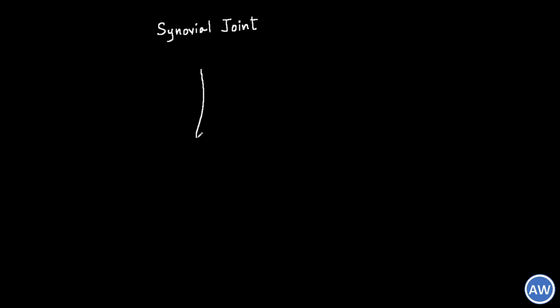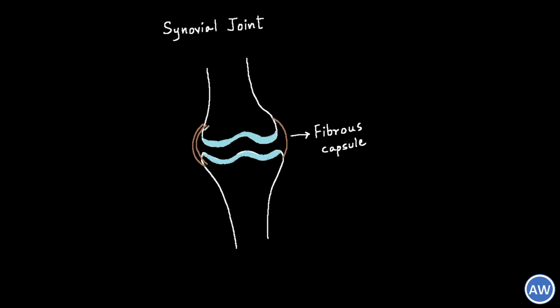Coming to the synovial joints, the synovial articulations are different from both the fibrous and the cartilaginous joints. Although in a synovial joint, the bones involved are linked by a fibrous capsule, the articulating bony surfaces are generally separated from each other by the presence of the joint cavity.